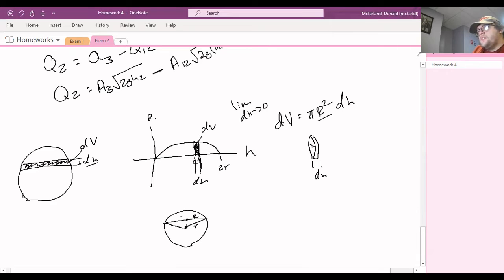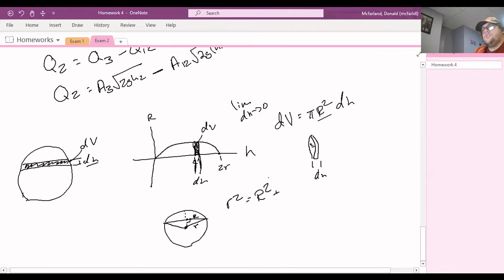So to find it, all we need to do is some right-angled Pythagorean theorem. So the radius of the sphere, keep wanting to say cylinder, my bad, is equal to big R squared plus, remember, this is however many meters from the bottom of the sphere.